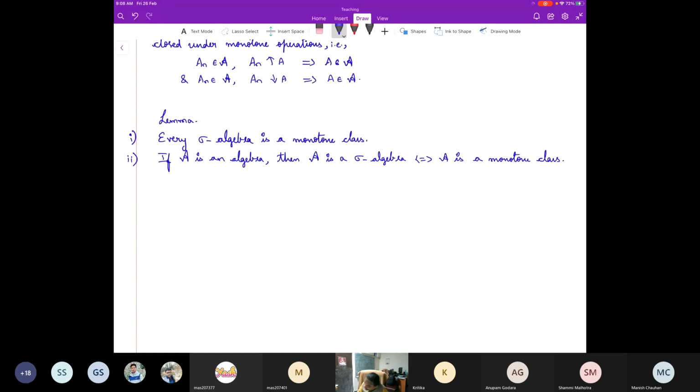How do you show this? Well, one part is clear. If it is a sigma algebra, then it is a monotone class. There is nothing to prove. But how about the converse?